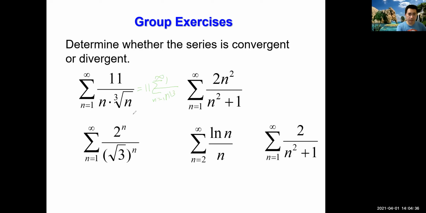And you can see that this is a p series with p equal to 4/3, and 4/3 is more than 1. If p is more than 1, the series converges.